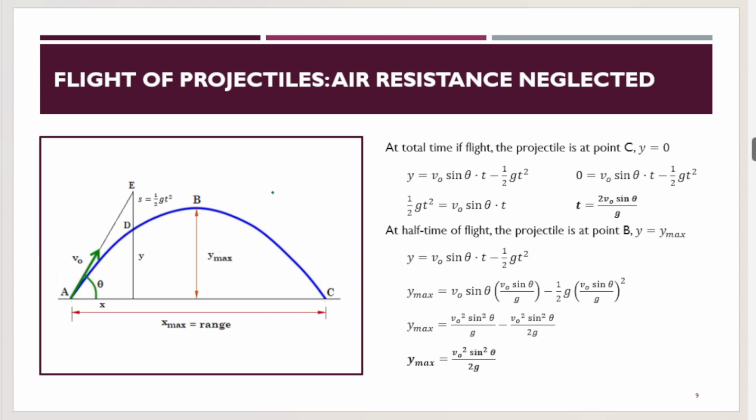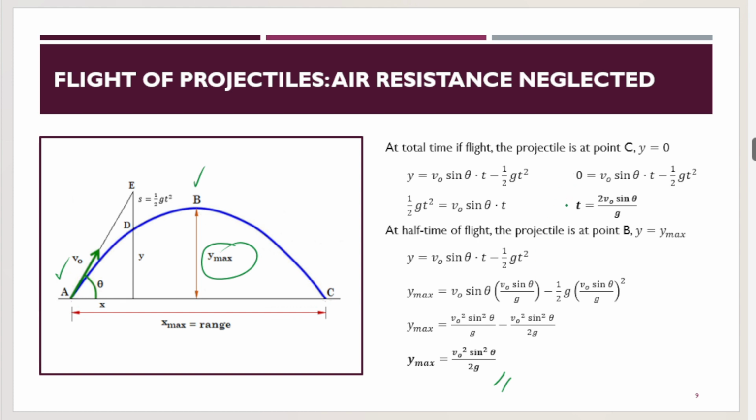From point A to point B, we have this maximum y distance, or that is equal to v sub 0 squared sine squared theta over 2g. Ito yung kanyang derivation, okay? Since alam natin yan na yung ating time is v sub o sine theta over g.